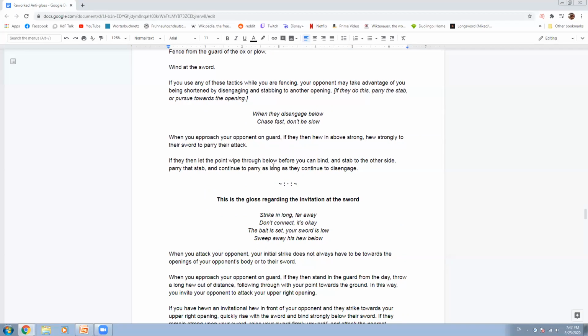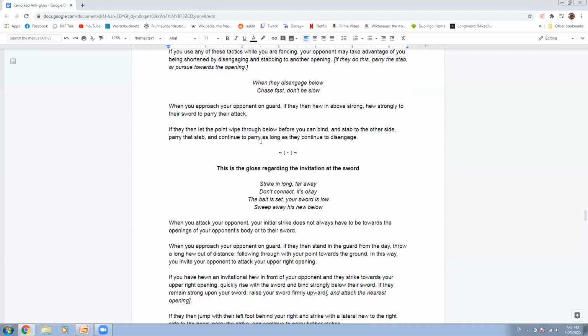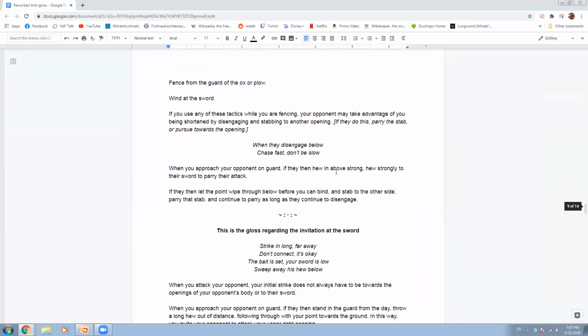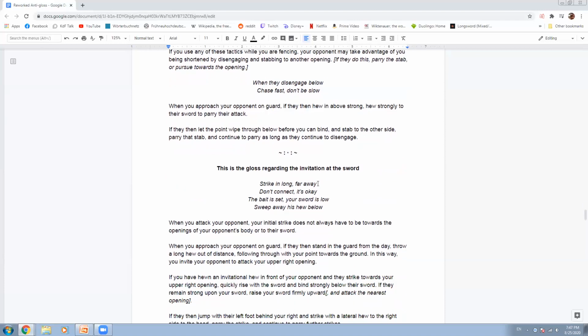If they disengage before you can bind, and stab to the other side, parry the stab and continue to parry as long as they are disengaging. So that's just the opposite of our Durchwechseln. That's one of the main things that we're told to look out for in the gloss: somebody who's trying to change through against us.